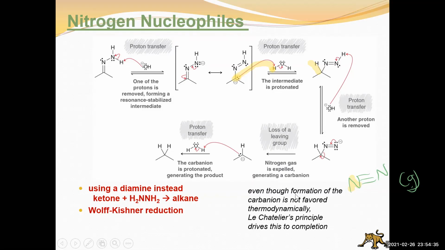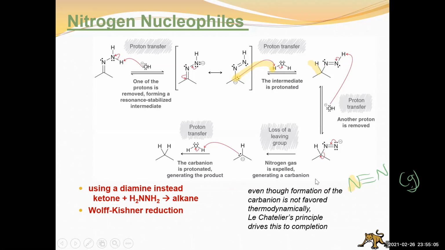You notice here, the carbanion is not thermodynamically favored. It's a high energy product, but the driving force is the formation of this nitrogen gas. When that comes off, that leaves the reaction flask, and there is no going backwards. Notice that we went from equilibrium arrows at each of those previous stages to a one-way arrow.